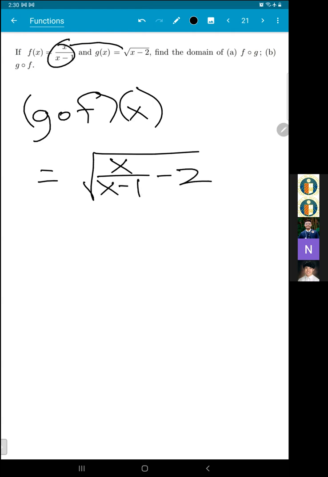There. And of course, if you are required to simplify, or if simplify is in the directions, then this expression would become as follows.